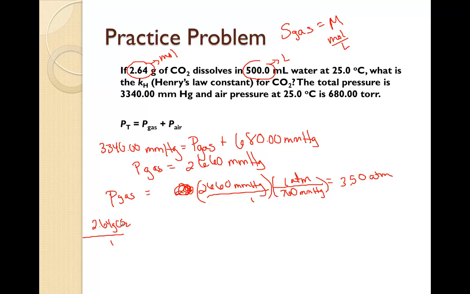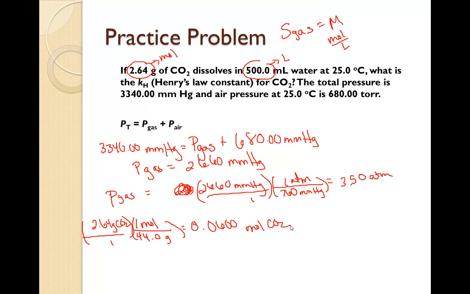The molar mass of CO2 is 44.0. We find that by looking on the periodic table. There is 1 carbon and 2 oxygens. Carbon is 12.01, oxygen is 16.0, and adding those up gives 44. That comes out to be 0.0600 moles of CO2.